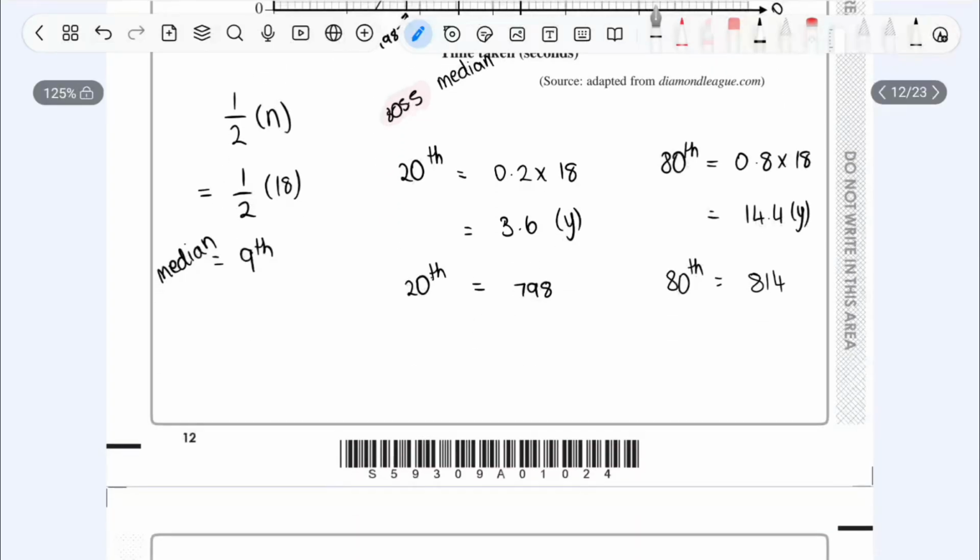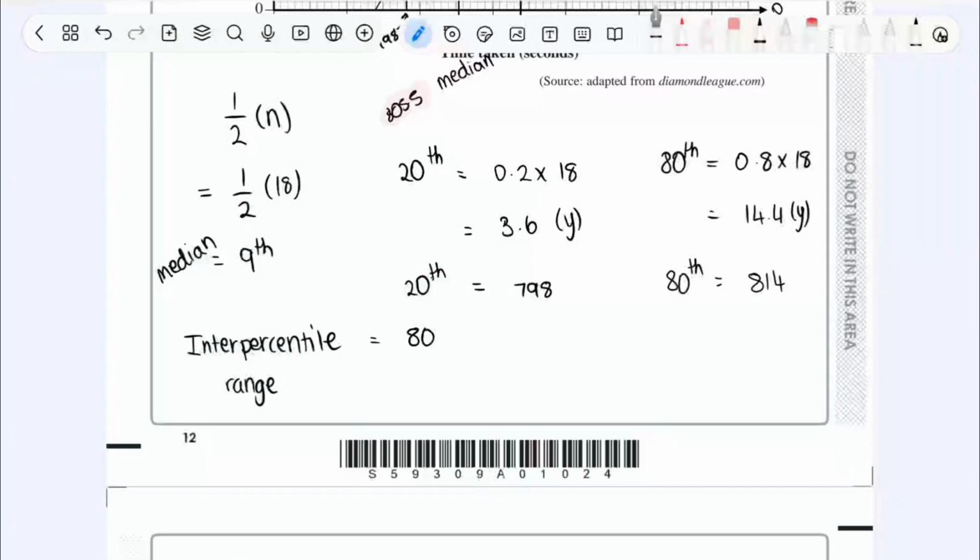So to find the interpercentile range, we'll just do the value of the 80th, like the upper quartile essentially, minus the 20th, or the lower quartile in the other example. And then we'll just do 814 minus 798, type that into your calculator, and we get 16.